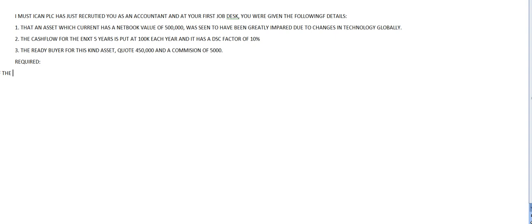If the present value of the cash flow has been calculated to be 450,000.